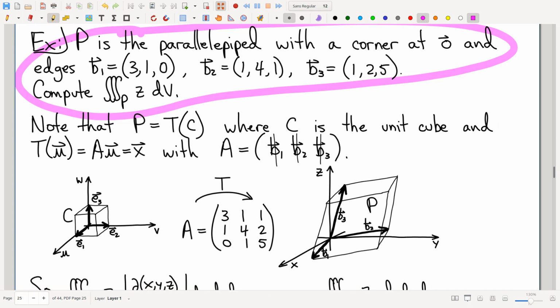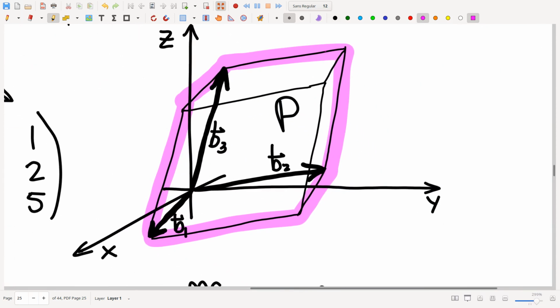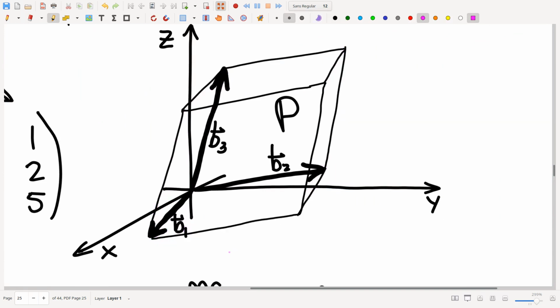Compute a certain triple integral given a domain that is this parallelepiped right here. Now, before we do this the clever way and invoke change of variables, let's just recognize, so we can appreciate the benefits of what we're about to enjoy, how ugly would this be if I had to slice up this solid the old-fashioned way.